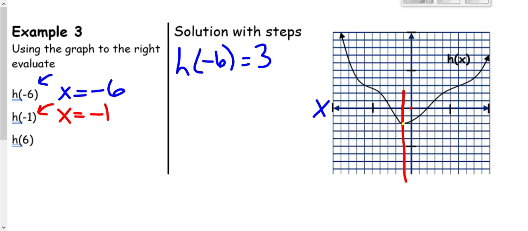The graph crosses right here. What's the y value there? We went down 2 spaces to get there, so that's a negative 2. So we can say that h of negative 1 is negative 2.